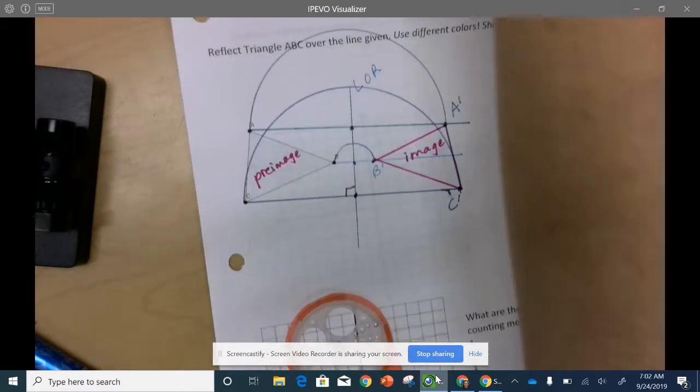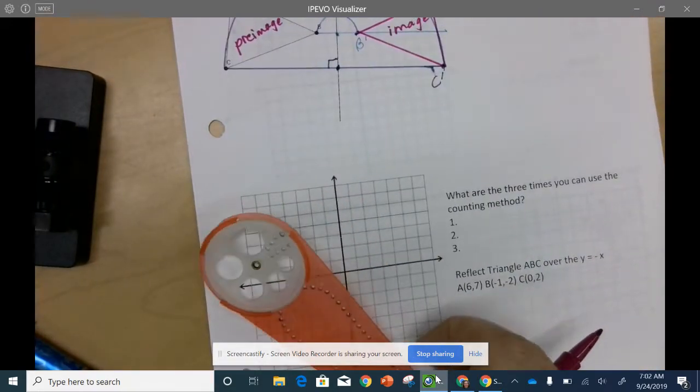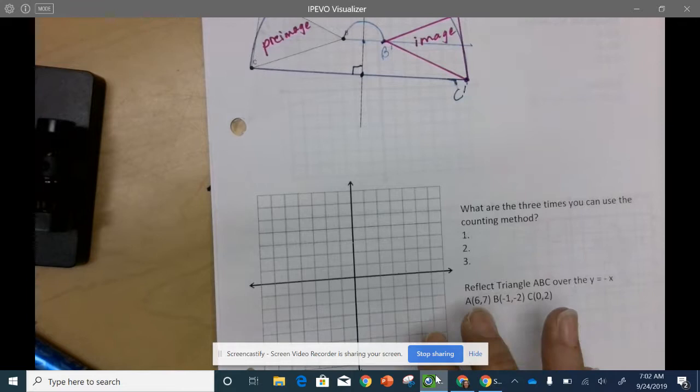Okay, so on this one, everybody, we are going to go ahead and construct this. So we're going to construct our triangle.